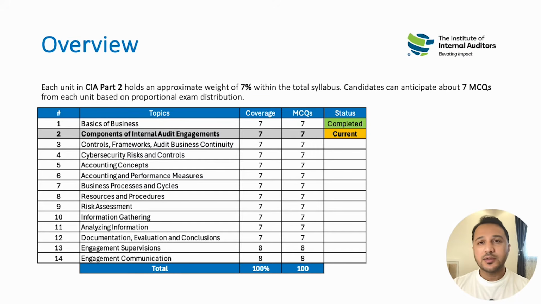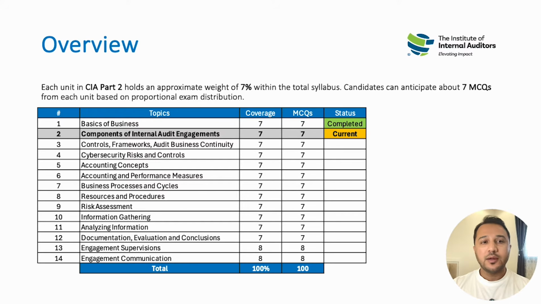So we discussed the overall bigger context of a business because, as an internal auditor, we have to understand the business first to build the context in which we will be carrying out internal audit engagements.